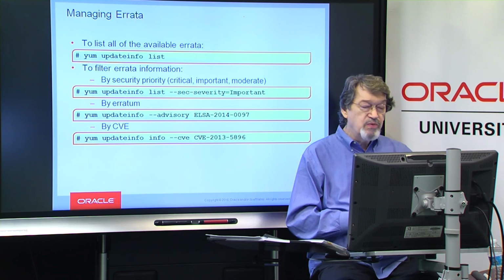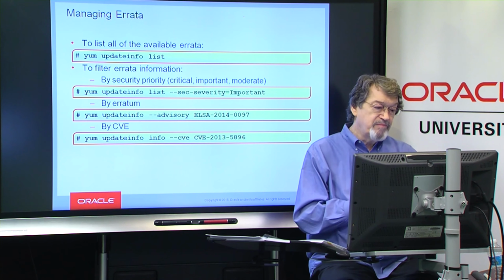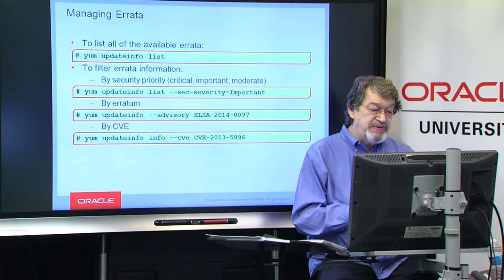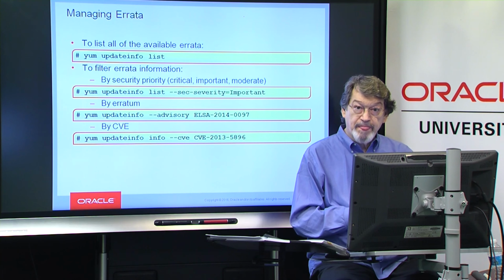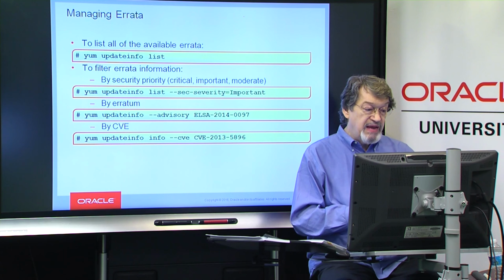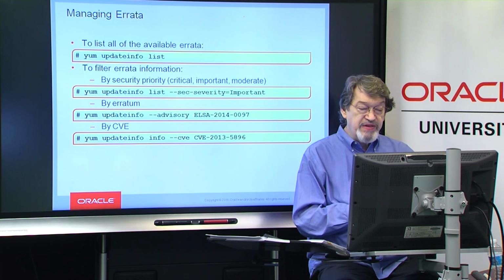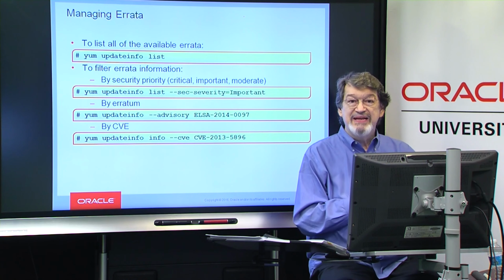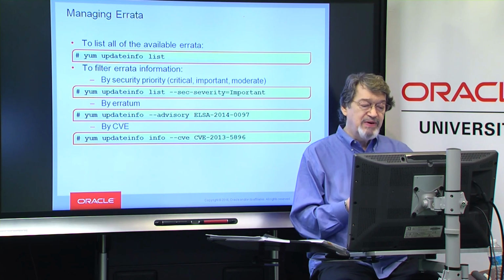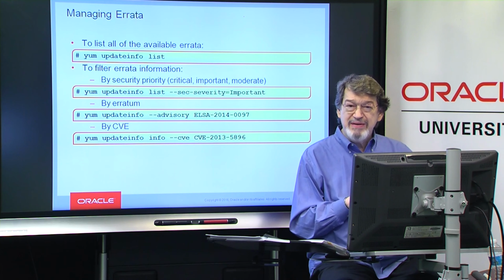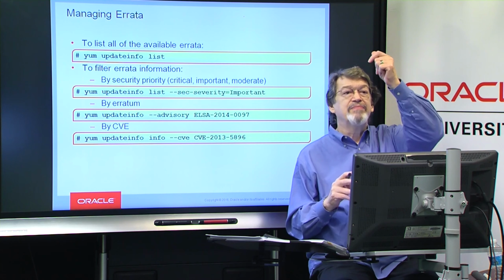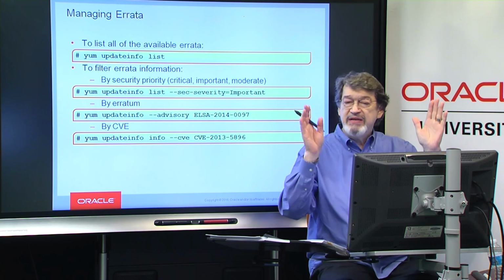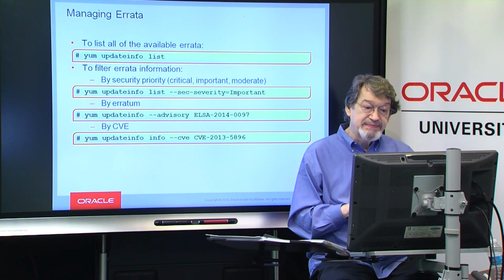So here we're going to start with errata and yum updateinfo list. And that gets me all the errata. I would encourage you to pipe that into more. When you do this in the lab, oh my God, there's 1,200 entries. Boy, they fly by you on the screen. You hardly have time to blink.